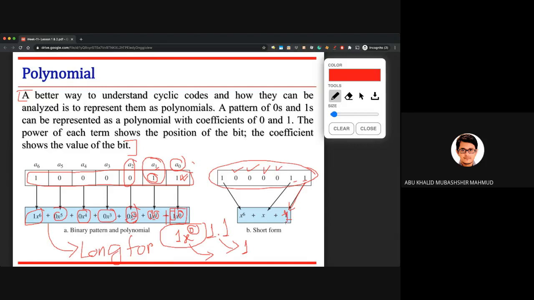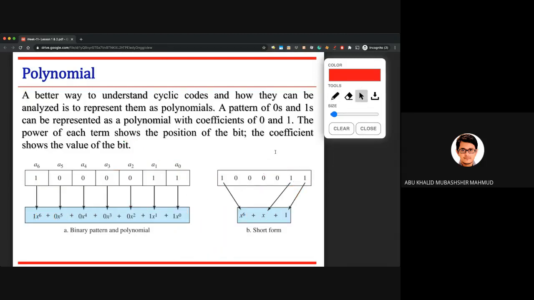That's why we put 1 here, and then we have 1x, or simply x, which is this bit. Finally, if we multiply any variable or number by 1, we get in return the same number. So here we have x to the power 6. This is the short form of the same binary string. I think you get this.